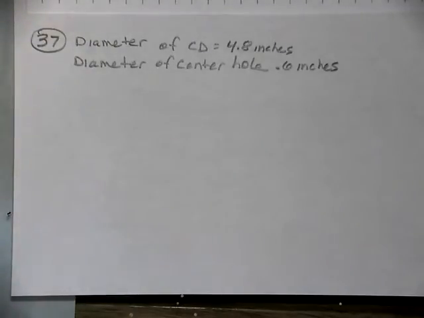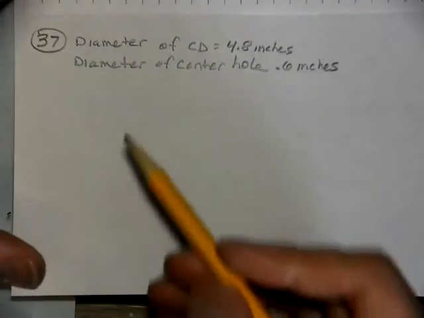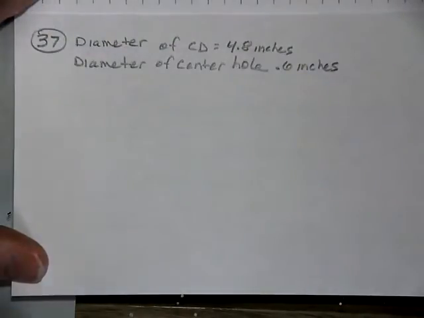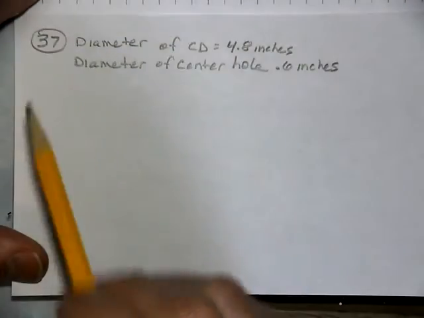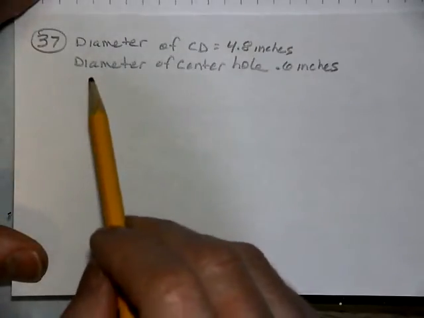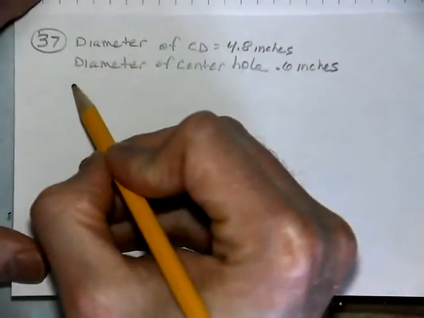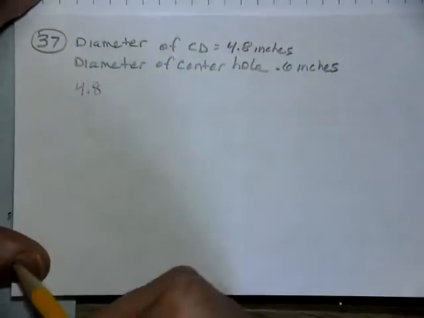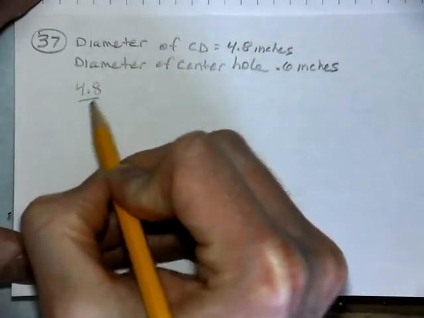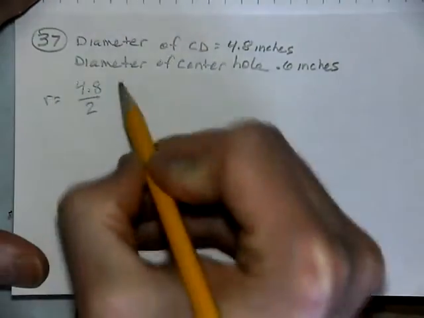A CD has a diameter of 4.8 inches. The diameter of the center hole of a CD is 0.6 inches. We're supposed to write the equation of the circle that represents the CD and then represents the hole of the CD. So when we write an equation of a circle, we need to know a center, which we're going to call 0, 0, and we need to know the radius. So if the diameter is 4.8, we're going to divide that by 2 to figure out the radius.